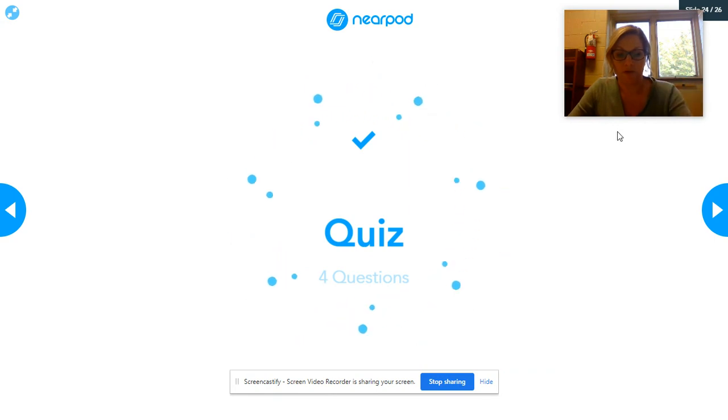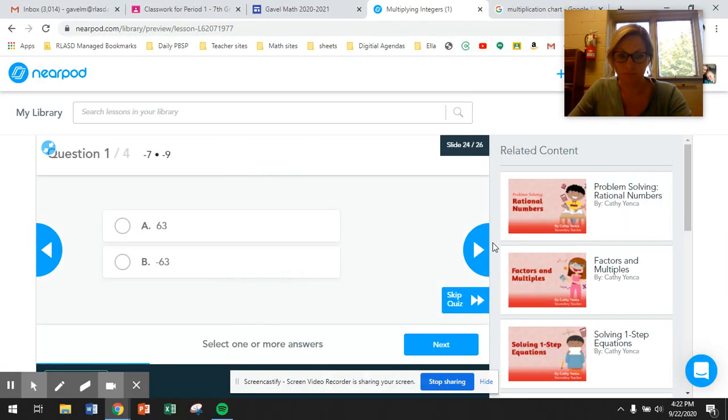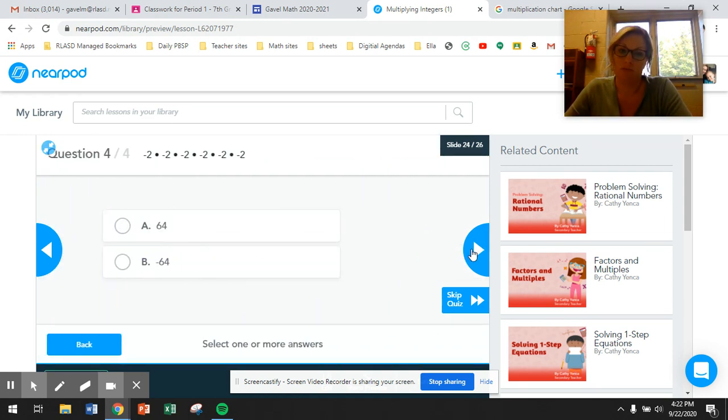And then after, here's 2, odd or even. Odd or even. 1, 2, 3, 4. 4 is an even number. So it's going to be positive 1 or negative 1.